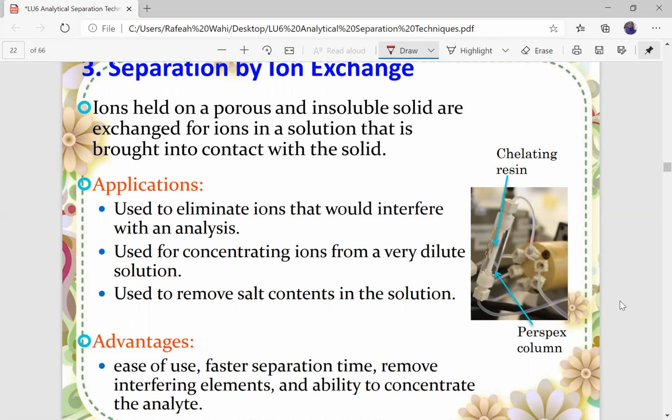Because if we look at the example we had previously, the sorbent example just now, whenever you have an adsorbent, you can concentrate your analyte by trapping it in the adsorbent. In this case, it's not the adsorbent but the ion exchanger in the column.